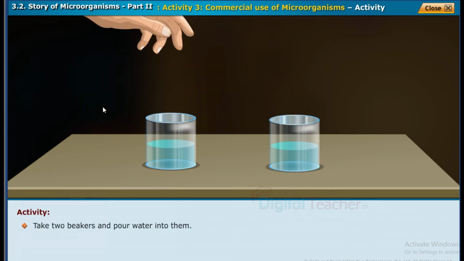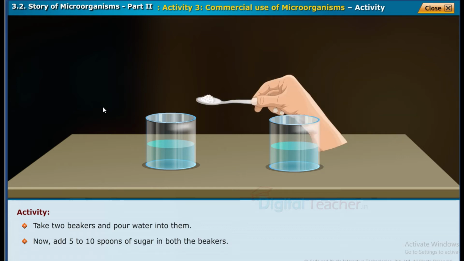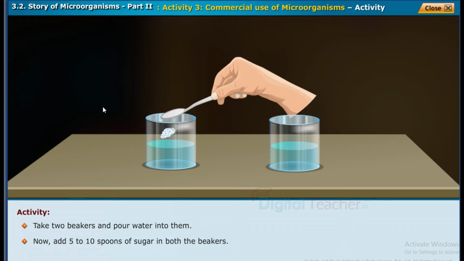Take 2 beakers and pour water into them. Now, add 5 to 10 spoons of sugar in both the beakers.